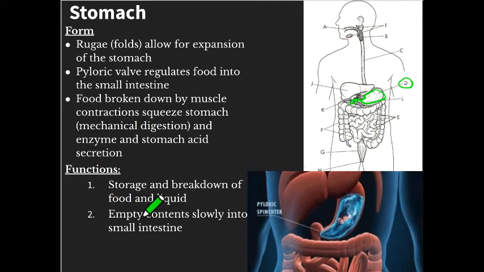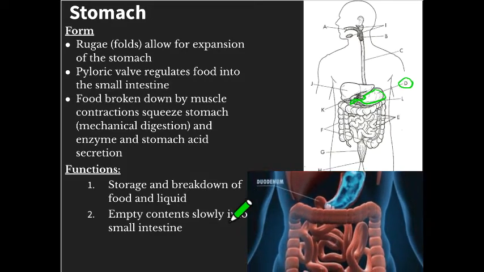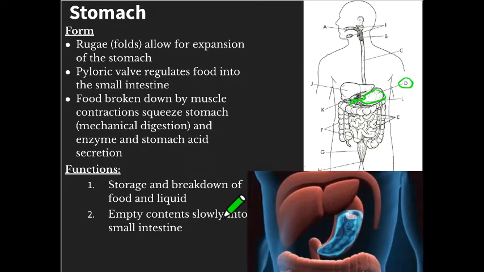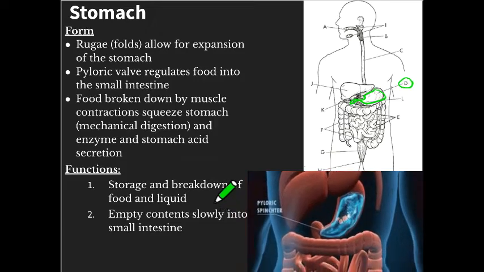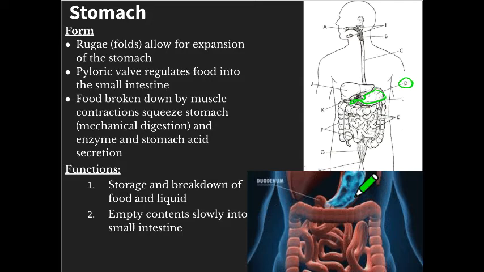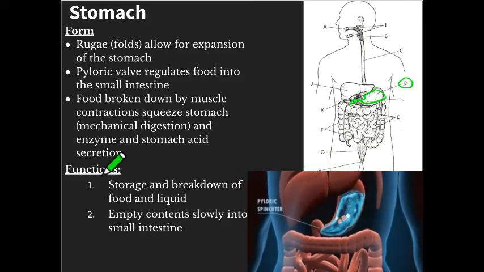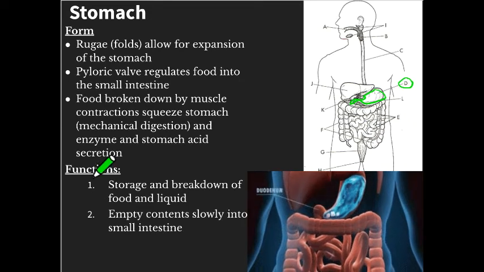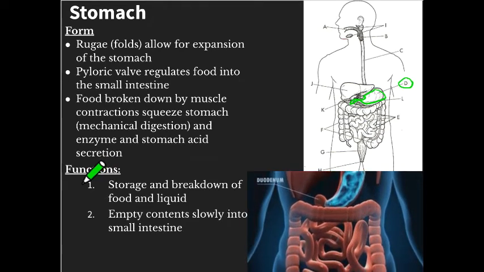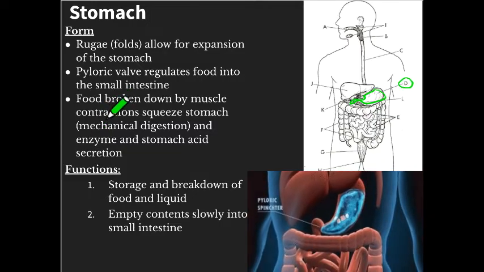So, what does the stomach do? Well, we know it helps to break food down and store food. Its job is also to release food to the intestines to allow for digestion to occur. Remember, this is breaking food down. You're still not getting energy from this food at this point. We're all in the process of breaking it down through chemical digestion using acid and enzymes, and mechanical digestion to squeeze it.